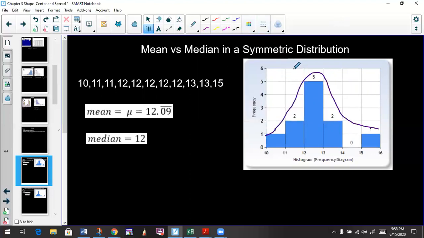So what I want you to notice is that when it's symmetric data, the mean and the median both do a pretty good job. Usually when it's symmetric, we're going to report the mean. Okay, so you usually use the mean for symmetric data, symmetric distributions.